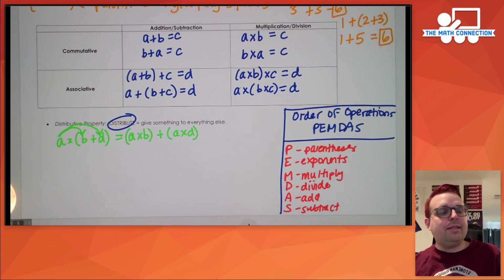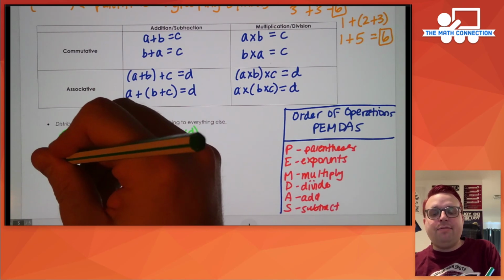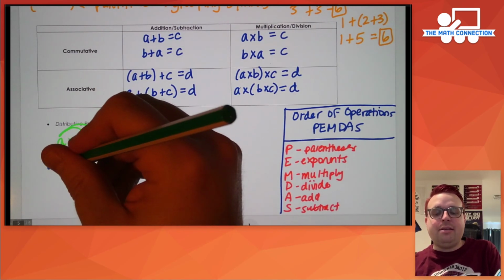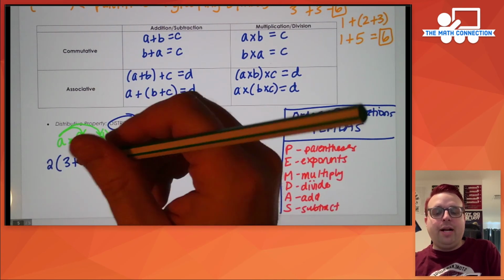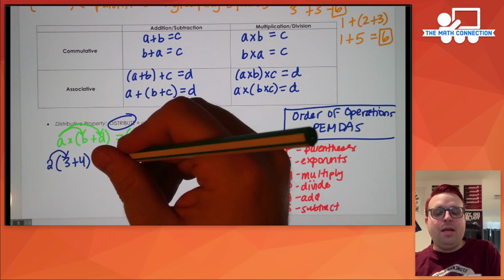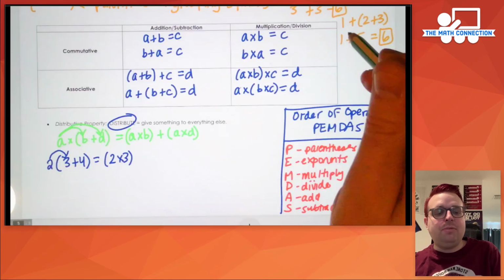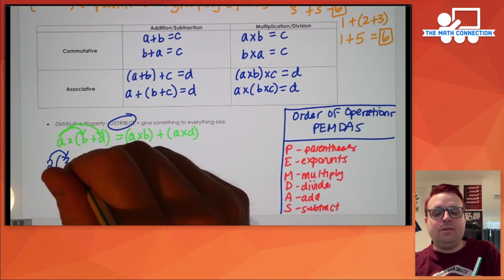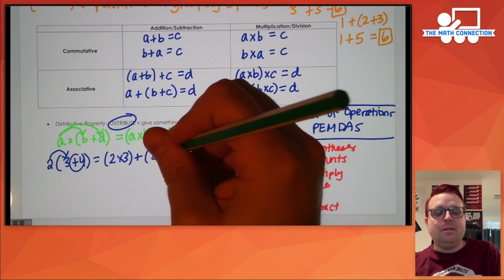So let's do this with an example with some numbers. Let's say that I have 2, and in parentheses I have 3 plus 4. So what I do is multiply 2 times 3 first, and you get 2 times 3. And then there's a plus sign in here because there's a plus sign right here. 2 times 4 is 8.